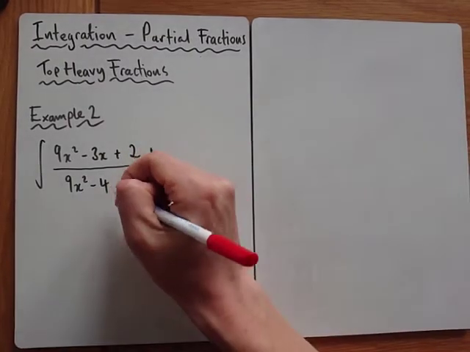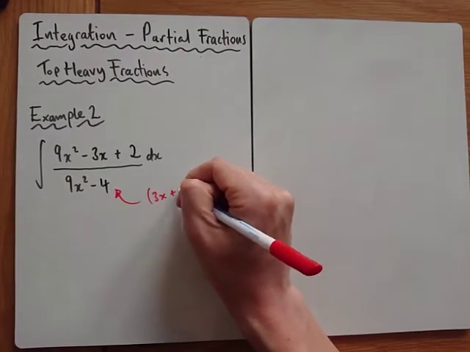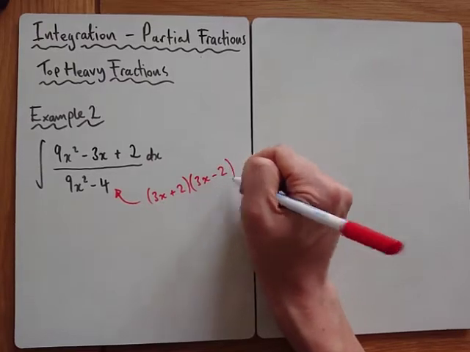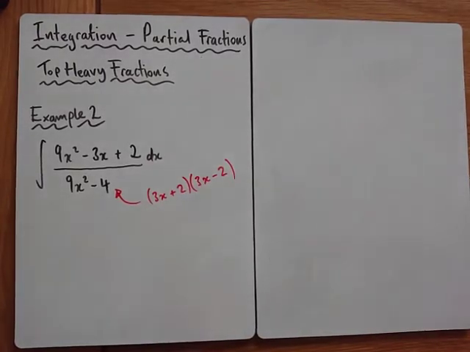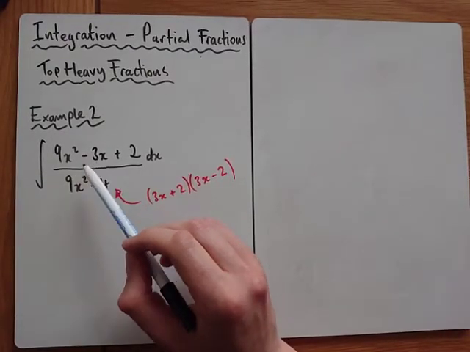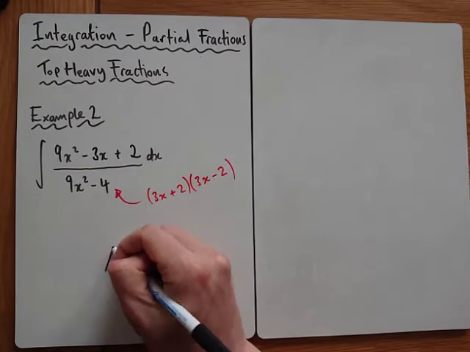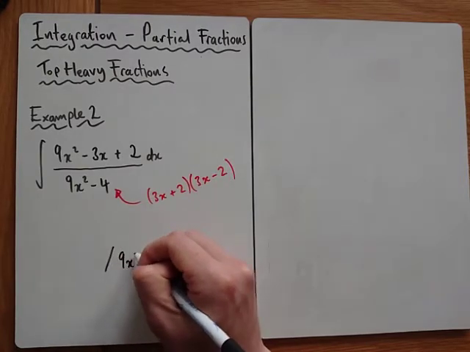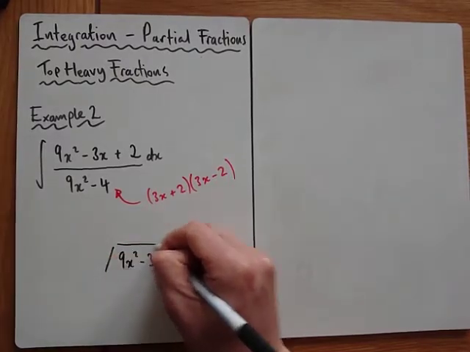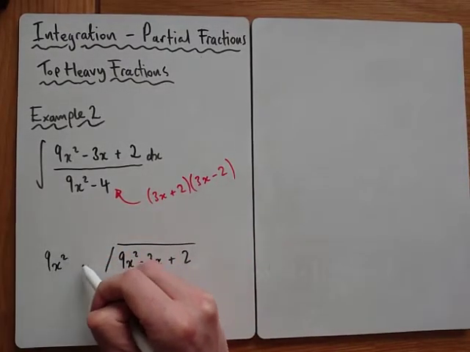So 9x squared minus 4, we could think about that as 3x plus 2 multiplied by 3x minus 2. And what I mentioned in the last video, don't forget, this fraction is a division, something divided by something. So you could think about it as 9x squared minus 3x plus 2 being divided by 9x squared minus 4.